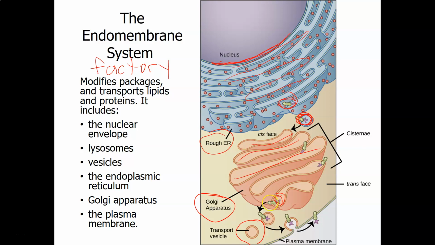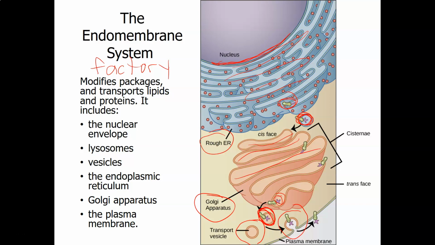And then that protein pinches off, and when it pinches off, it's surrounded by a membrane, so that is a transport vesicle. If the protein has been produced and is designed to be released outside of the cell, then the vesicle will fuse with the plasma membrane and it will release that protein outside the cell.